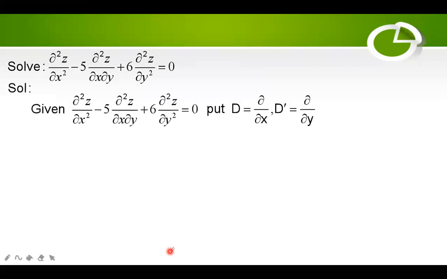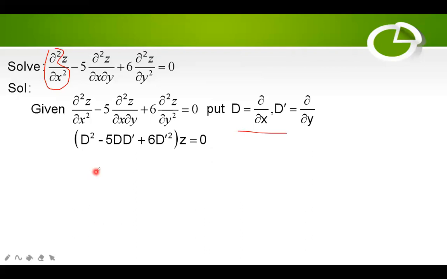So capital D, as already defined. Therefore, we write this as D square, this one is D dash and this is D dash. So we get (D square minus 5 D D dash plus 6 D dash square) of z equal to 0.